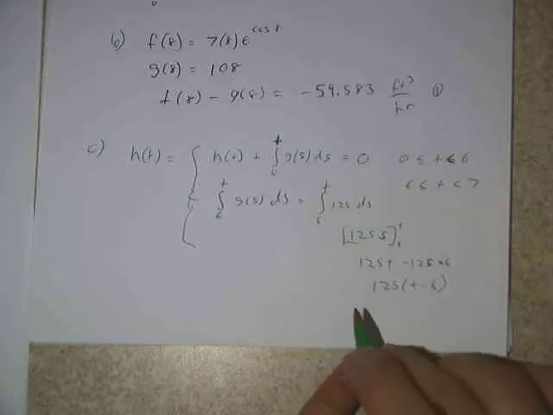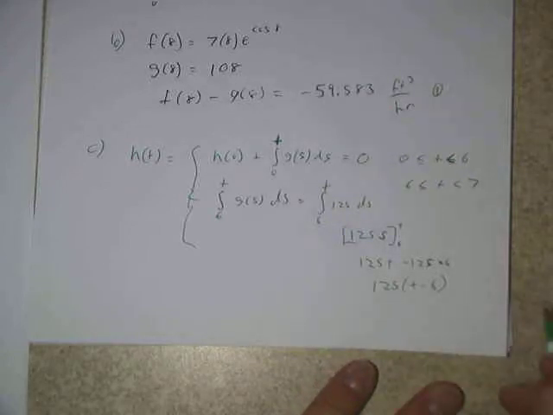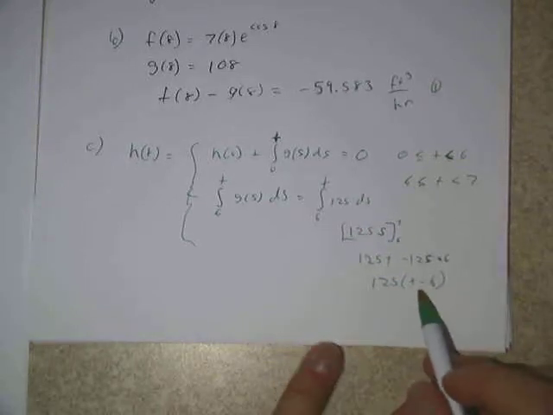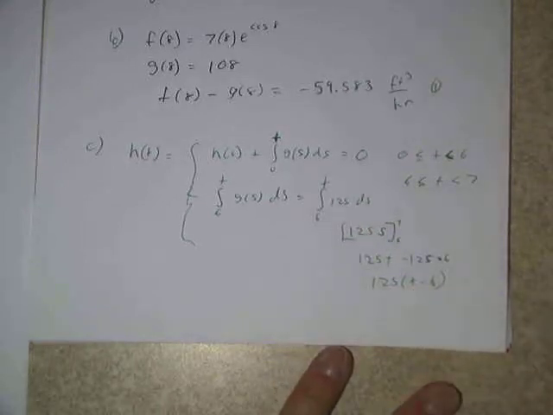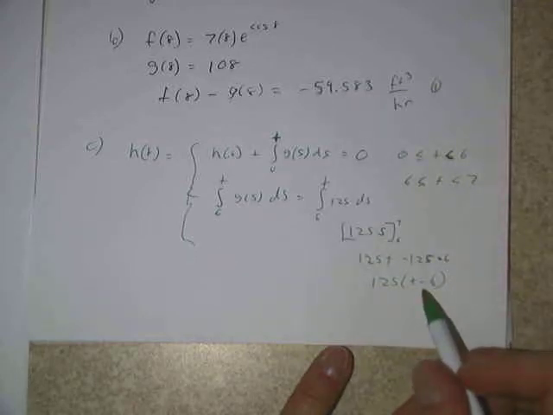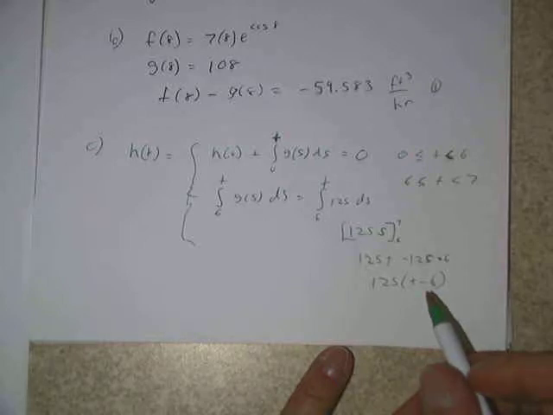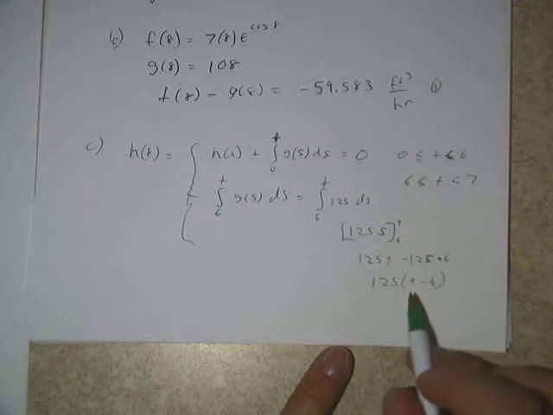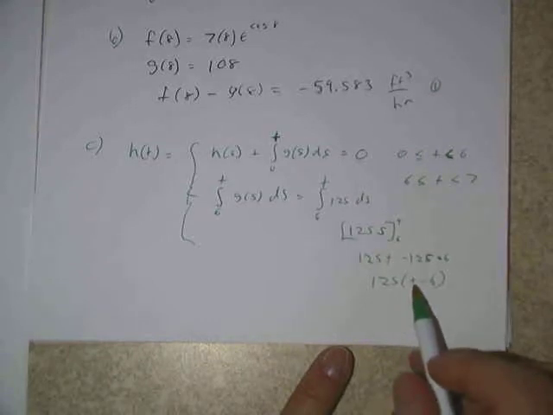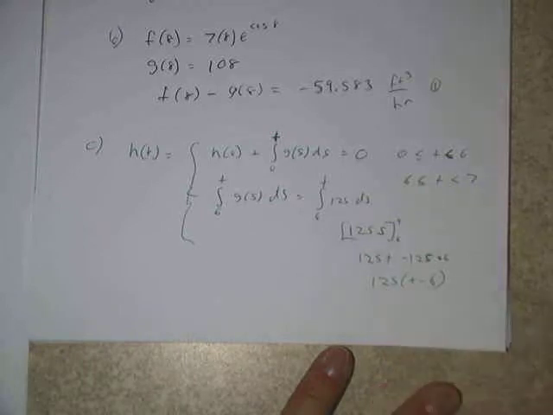All right. So for that particular part, think about why this would make common sense too, just from what we know. We know that from time 0 to 6 she's removed no snow whatsoever. We know that between 6 and 7, she's removing at a rate of 125 cubic feet per hour, a constant rate. Why t minus 6 here though? Because if I want to put 6:30 in there, if I just had t in here, then that would be 125 times 6.5, wouldn't it?